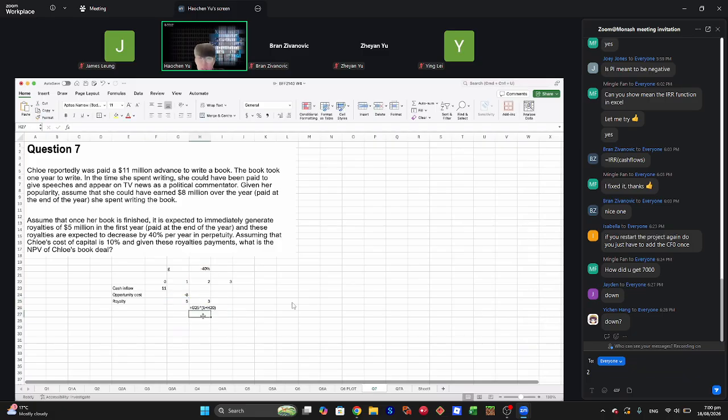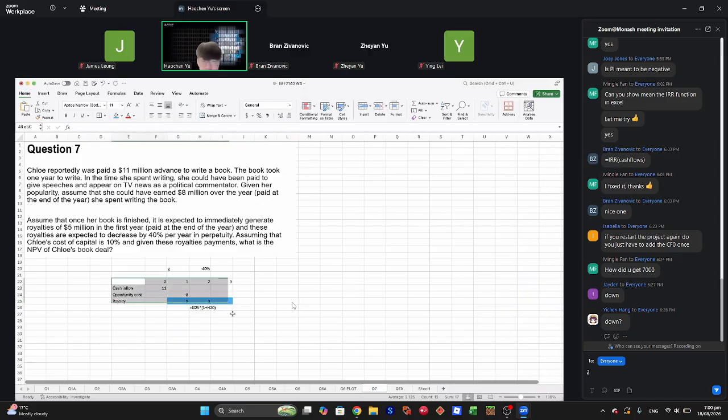Which means next year, the royalty will decrease from 5 million to 3 million, decrease by 40%. It becomes 3 million next year. Then I can just repeat this, and I can know the value in year 3, in year 4, and it will last forever. So once again, this becomes a growth perpetuity in the future.